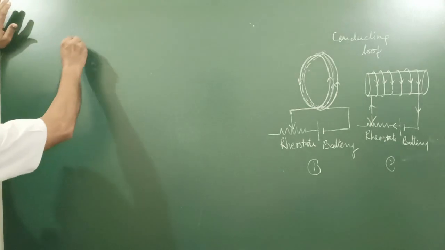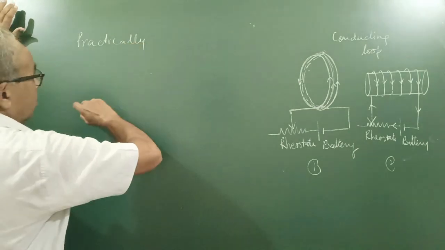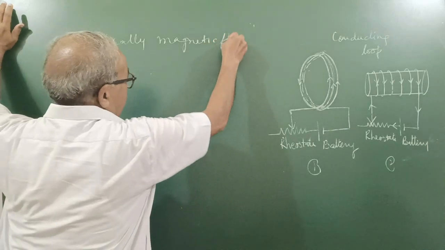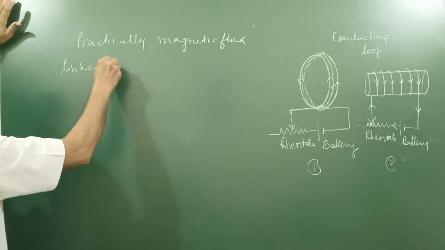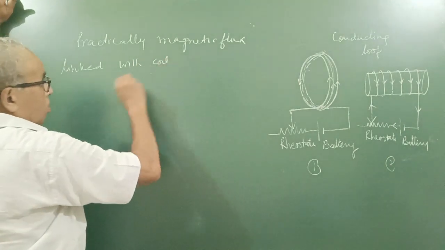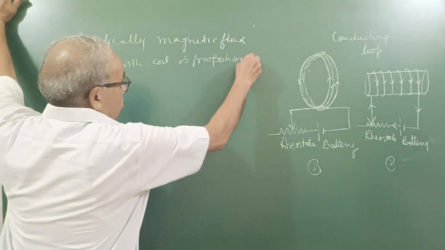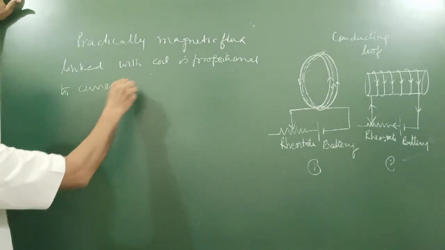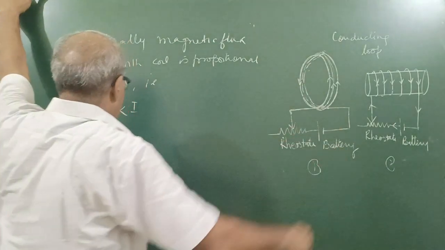Now practically, the magnetic flux linked with the coil is proportional to current. That is, phi is proportional to I. But there are generally many turns.